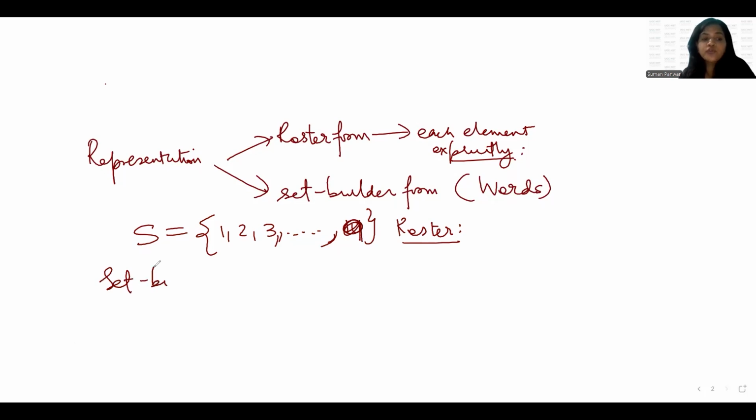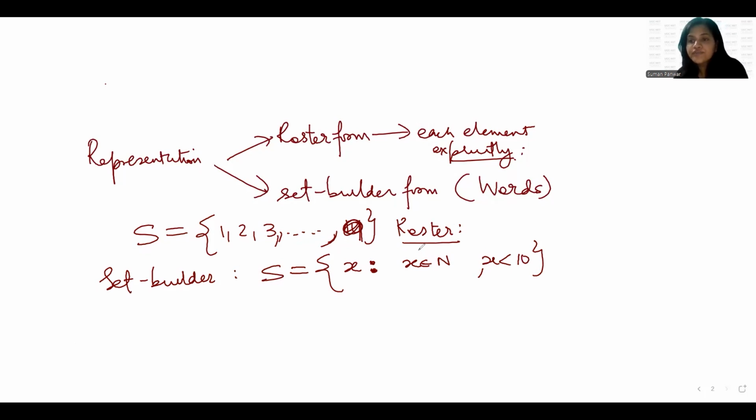That means you have to use language. So how do you write? S consists of all those x such that, now these two dots mean such that, x is a natural number and x is less than 10. So you are not writing these elements explicitly, but you are using words or codes for that.